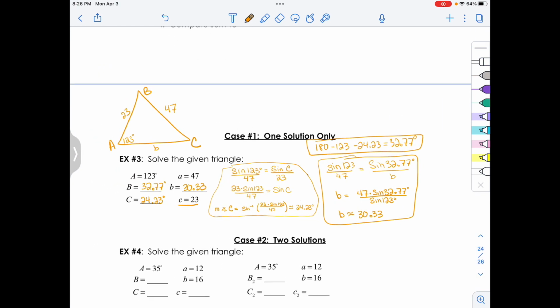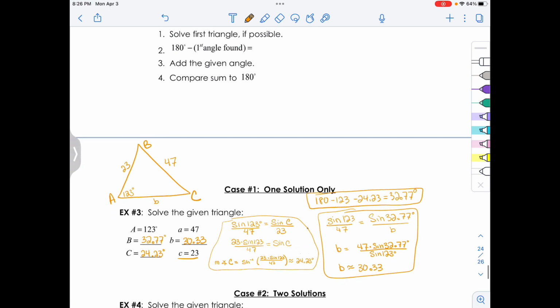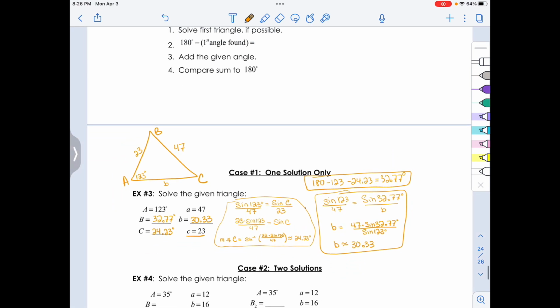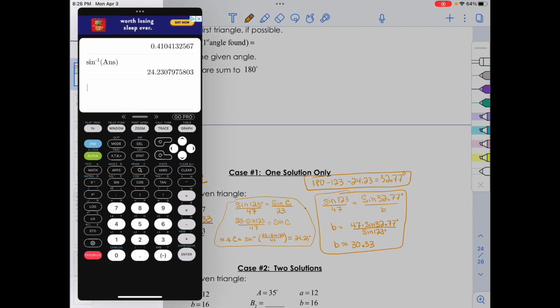Okay, so we found one triangle. Now we have to stop and see, wait a minute, is it possible that there could be a second triangle? The way that we find out if there's a second triangle is we take 180 degrees minus the angle that we found. The angle that we found was 24.23.